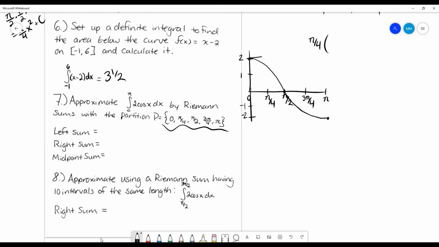So my left sum is going to be this right here. So it's going to be this first height. So I just know that that's 2 because it's that plugging in the 0 there.